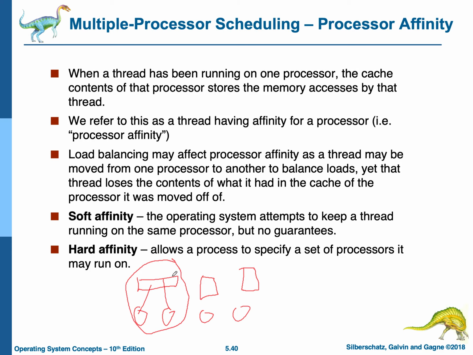While in soft affinity, a process is bound to operate on these processors, but it can also migrate to another processor. No guarantee. It can migrate, while here it is guaranteed.